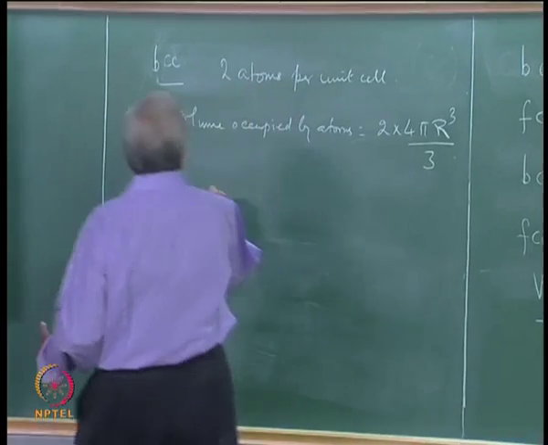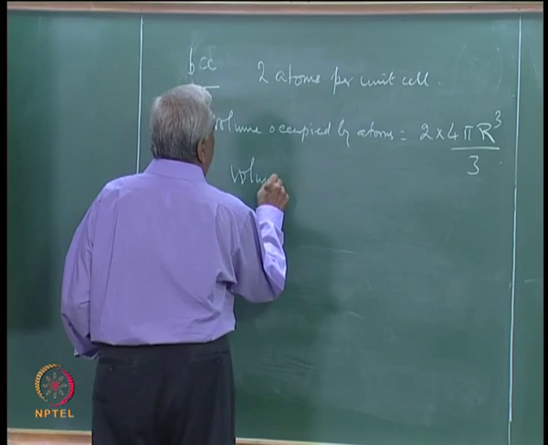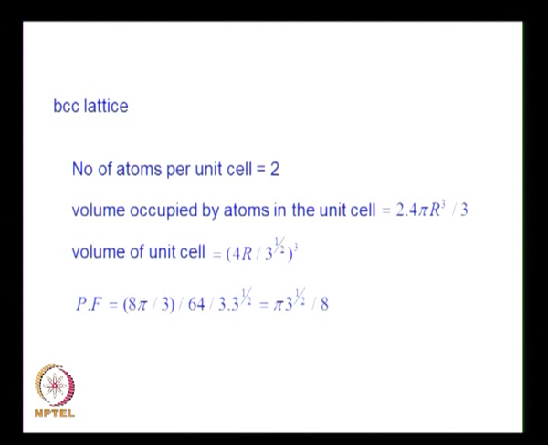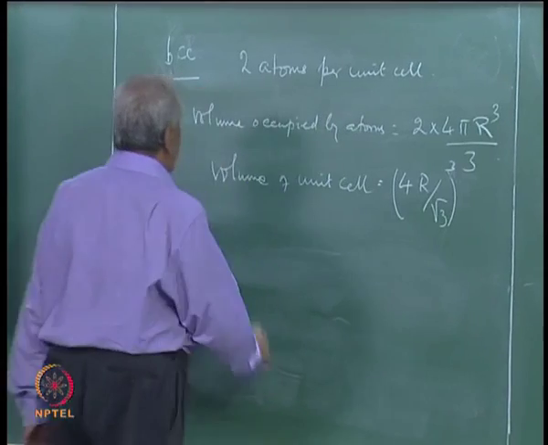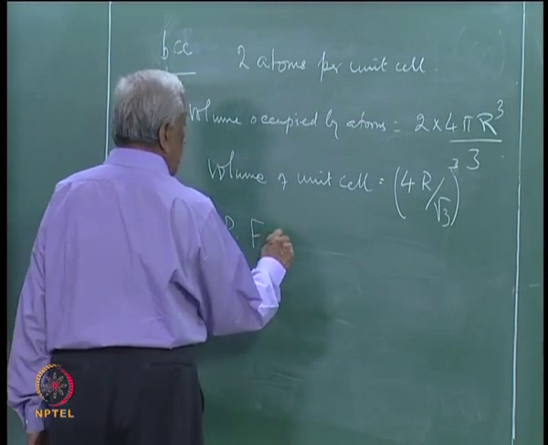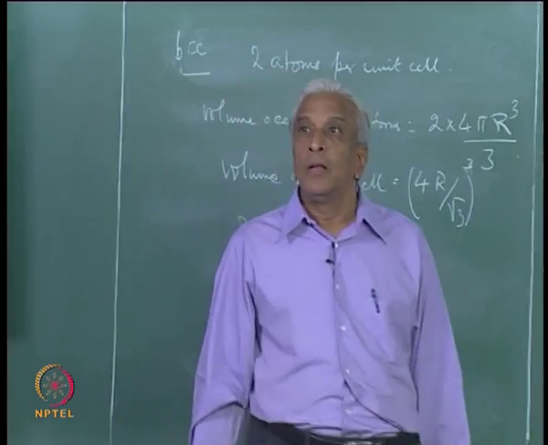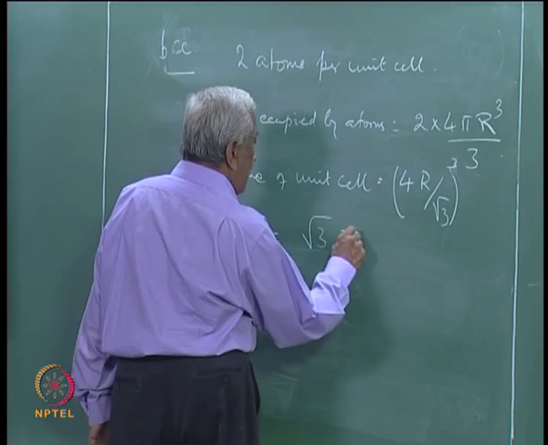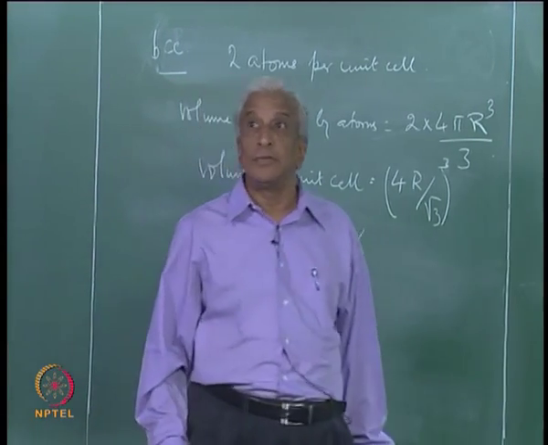Whereas, the unit cell volume, now, we already saw the unit cell side is 4r by root 3. So, the packing fraction, which is the ratio of the two, is just root 3 pi by 8.